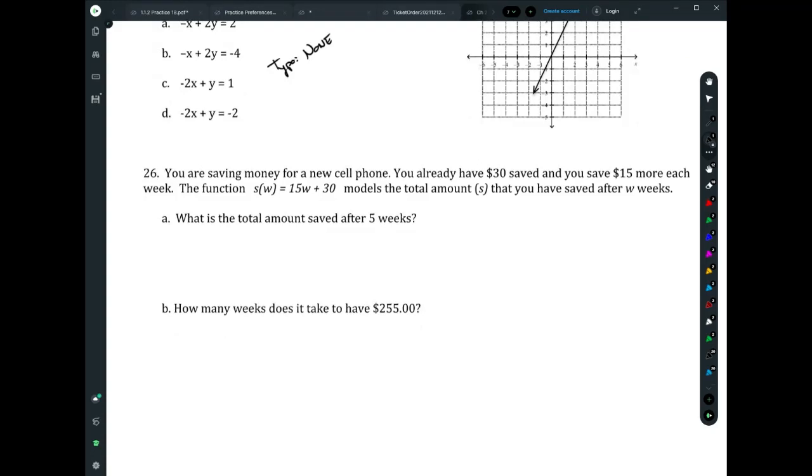Saving money for a new cell phone. Now you have 30 saved. You save 15 more each week. Here's the function that models the amount you can have saved after W weeks. So what's the total amount saved after 5 weeks?